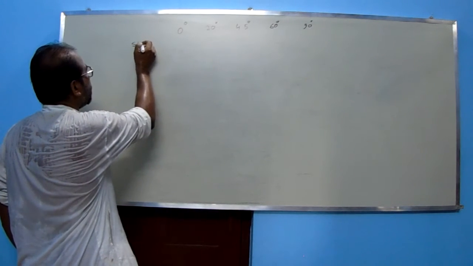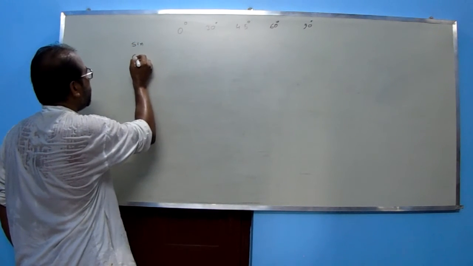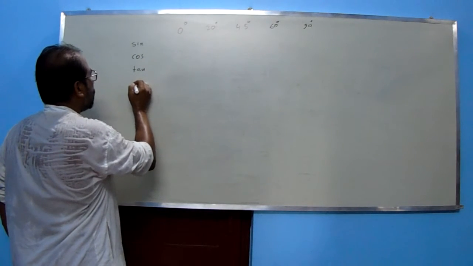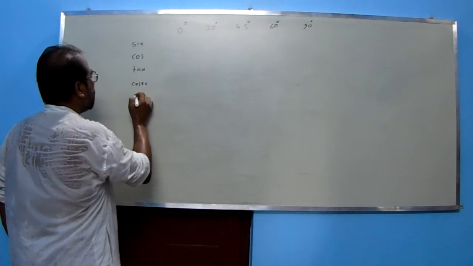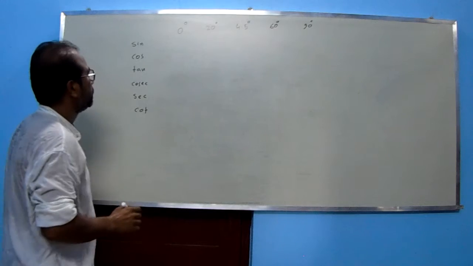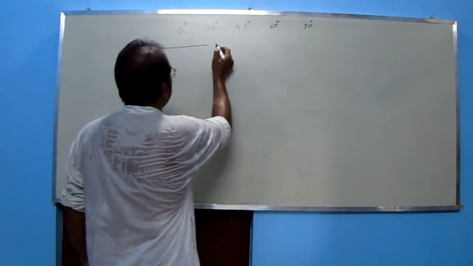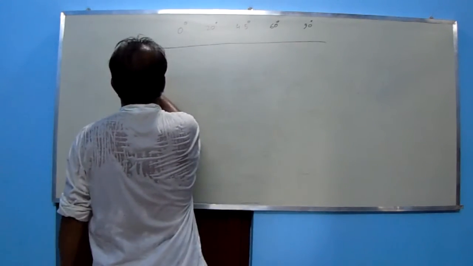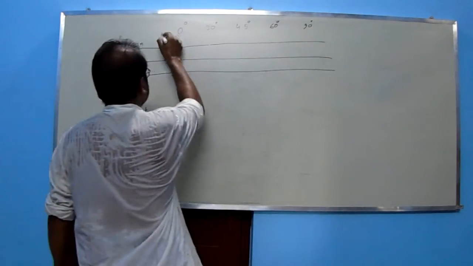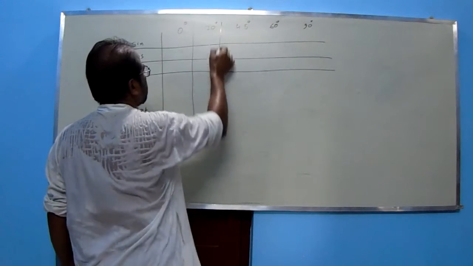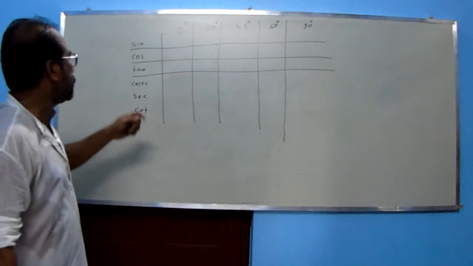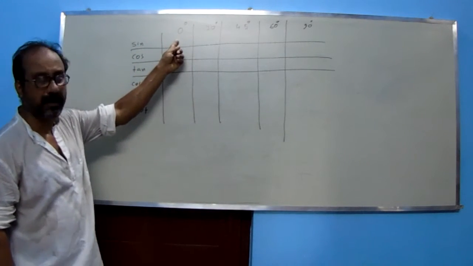So I am writing sine, cos, tan, cosec, sec and cot. What will be the value of sine, cos, tan? Sine 0 degree means how much?